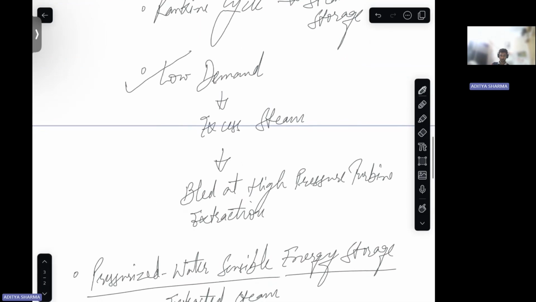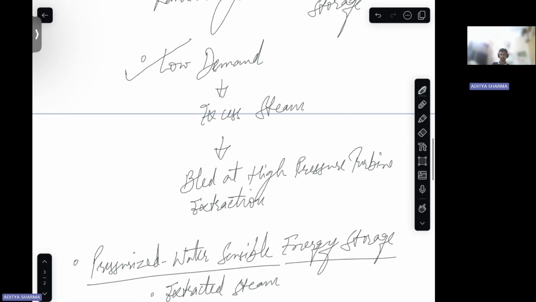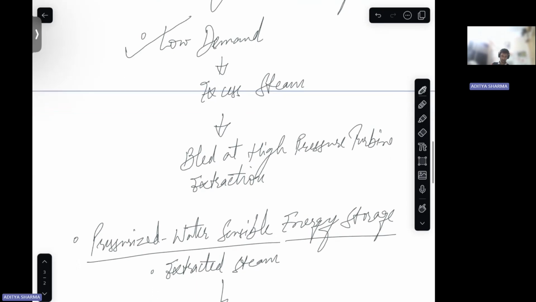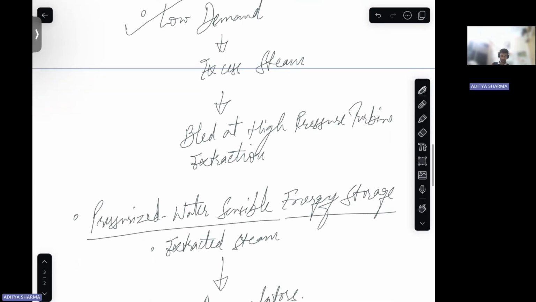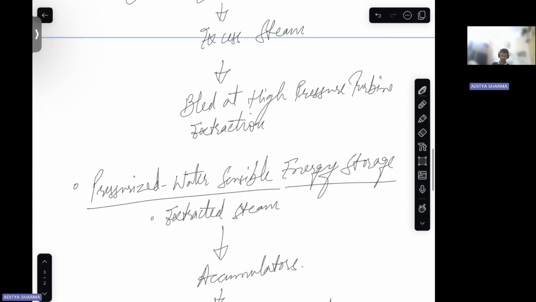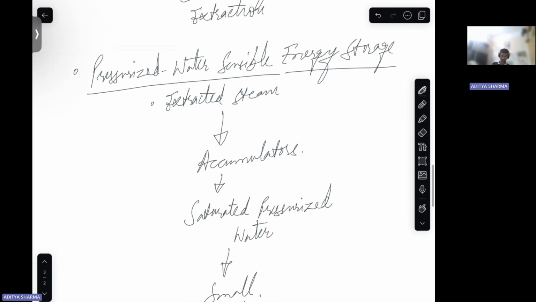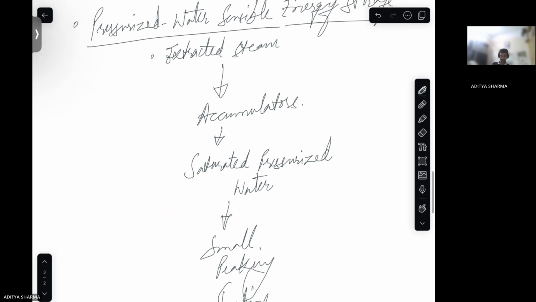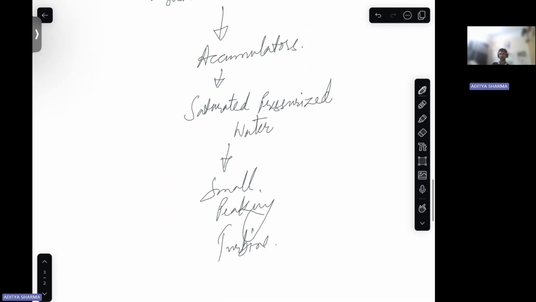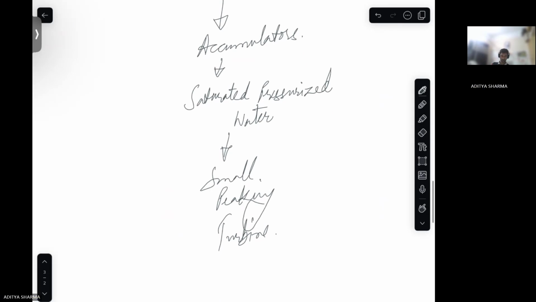So there was low demand at first. From there, we took excess steam. So excess steam from the high pressure turbine we extracted, and this extracted steam is going to accumulators where it is getting condensed and pressurized.